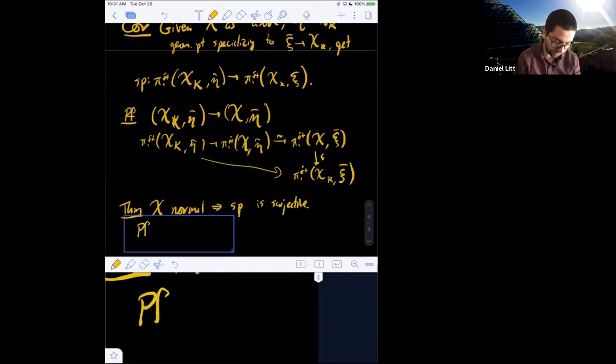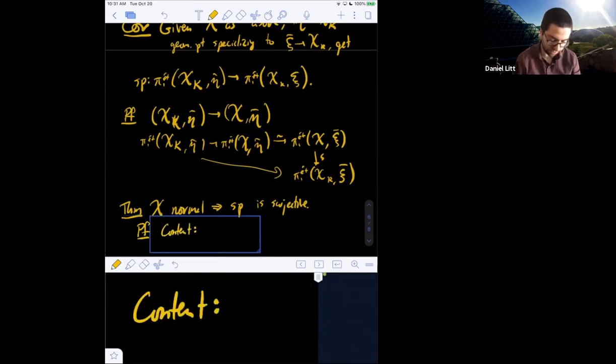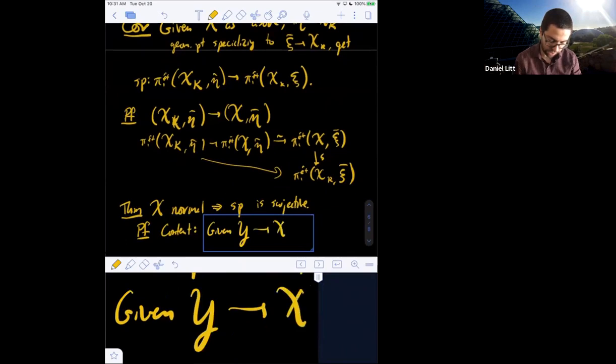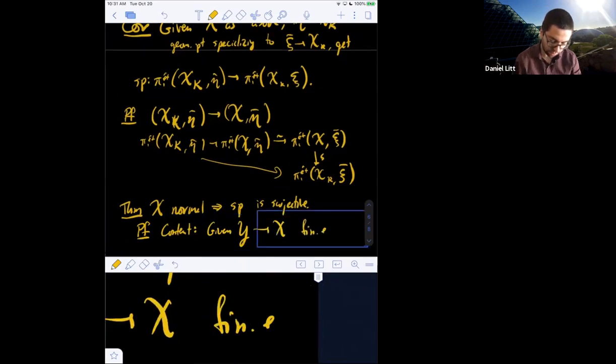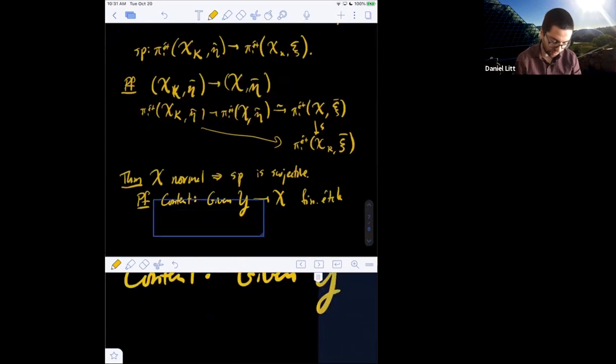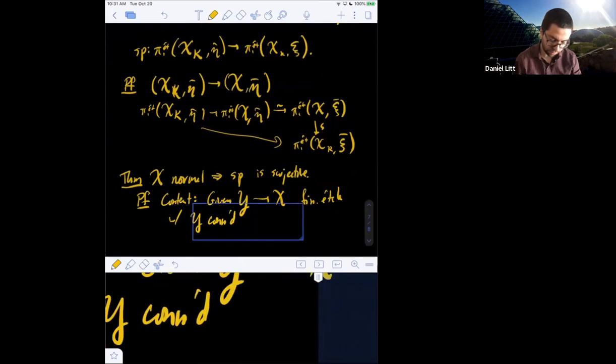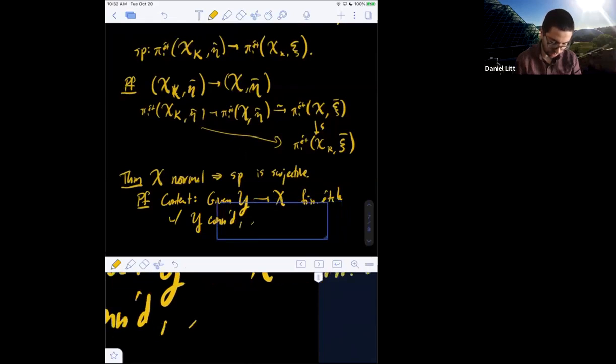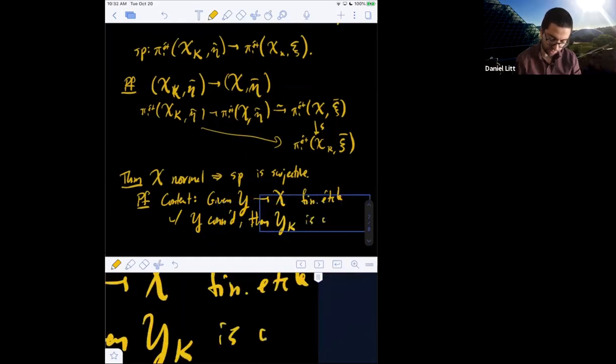Okay, and the content of the proof is that given Y to X finite étale with Y connected, then Y_K is also connected.